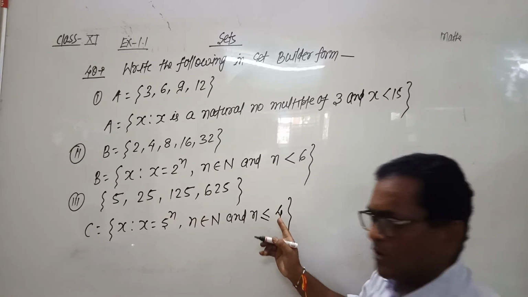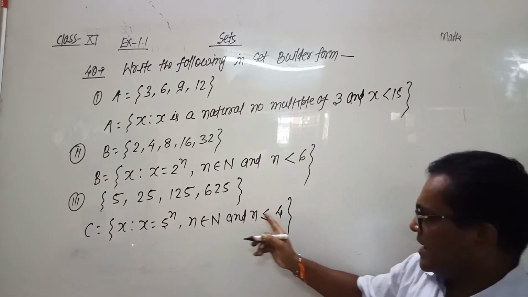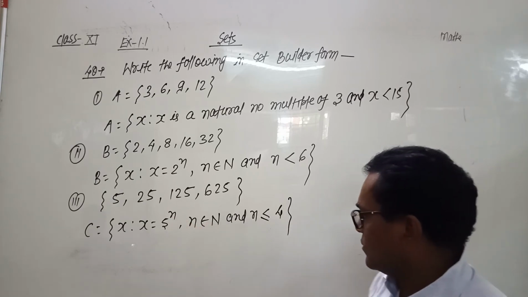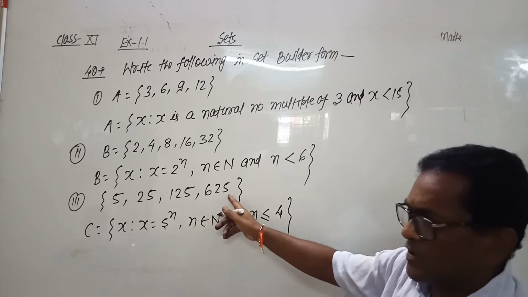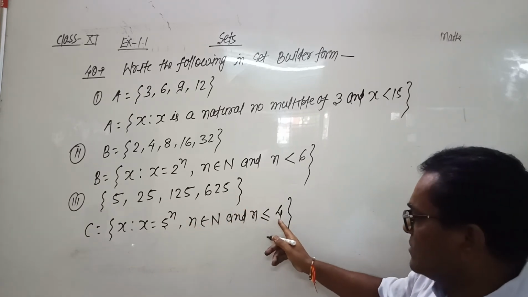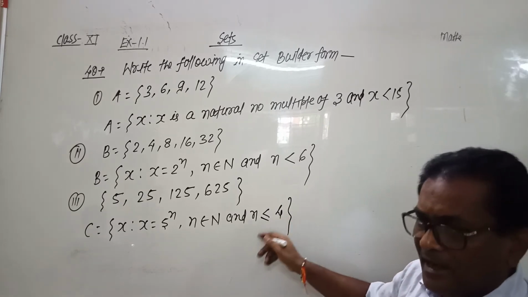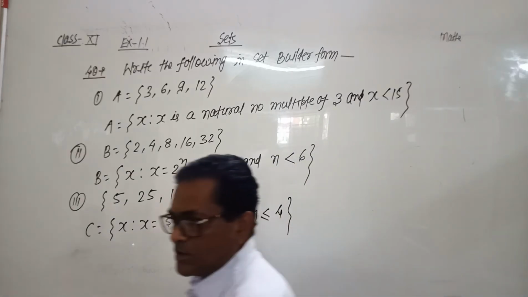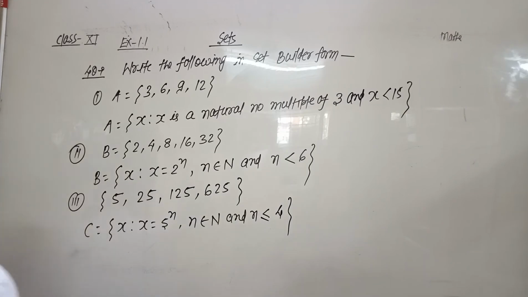When we take n equals 4, we get 625. So the value of n should be less than or equal to 4, not greater than 4.